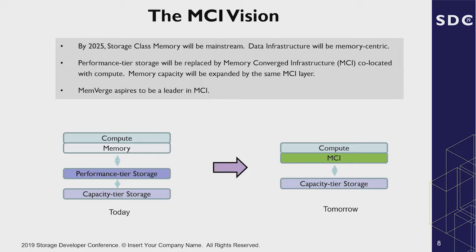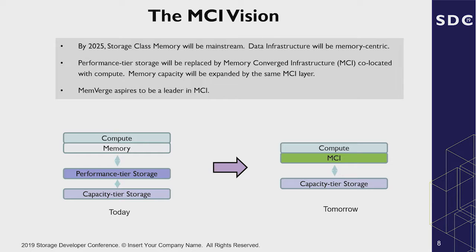You no longer need an active performance tier of storage, given that capability is already provided by this memory-converged tier. So that's our bold vision: with this memory-centric data center, there will be a disappearance of your primary tier of storage.